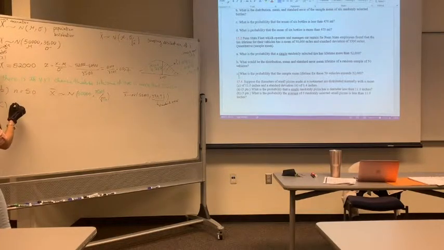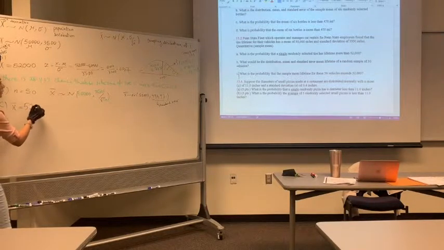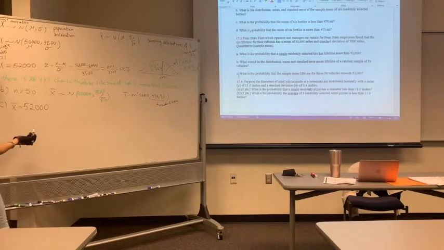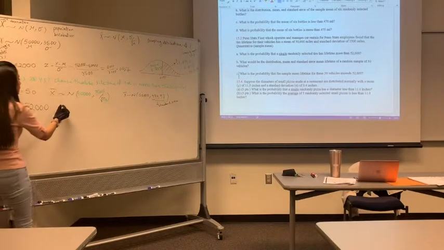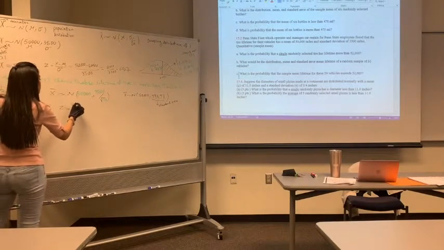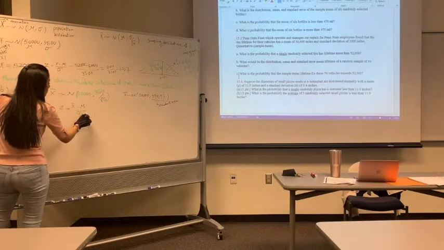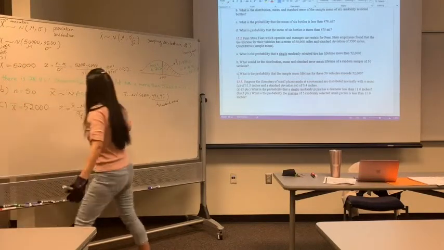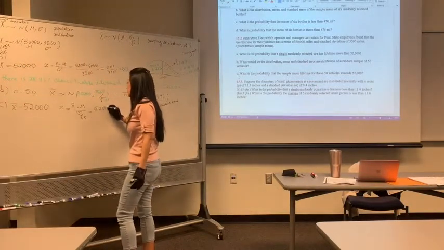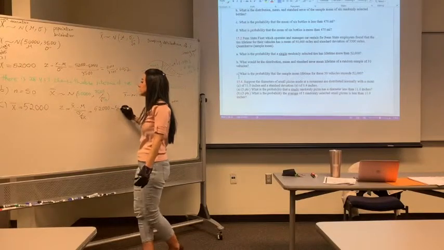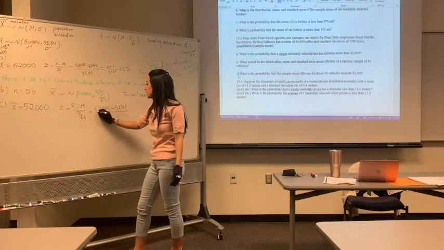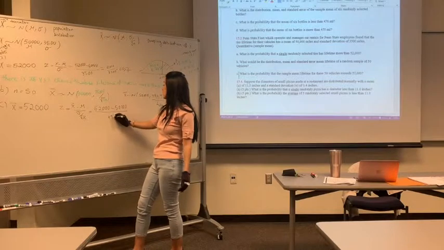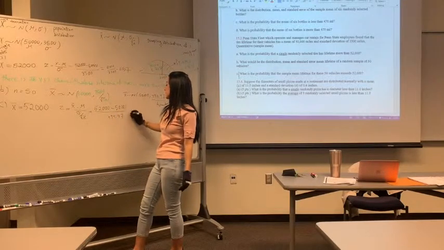Okay, so we start with x bar equal to 52,000, right? We find the z value for this, which is x bar minus mu divided by sigma over square root of n, equal to 52,000 minus 50,000 divided by, now we know, 494.97.